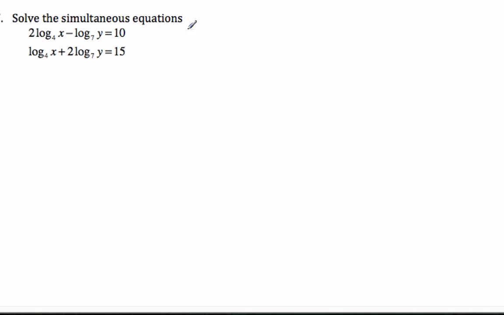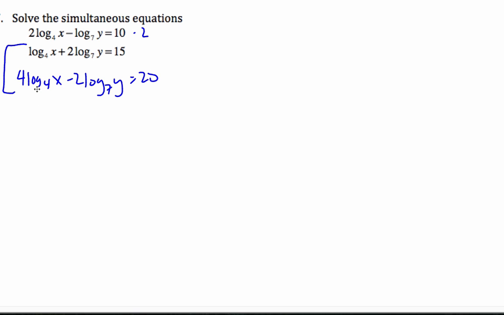The last one, solving simultaneous equations. Please pause it, try it yourself before you look at my solution. What I'm going to do is take this and do elimination of logarithm base 7 here. I'm going to multiply this equation by 2, so I get 4 log base 4 of x minus 2 log base 7 of y is equal to 20.